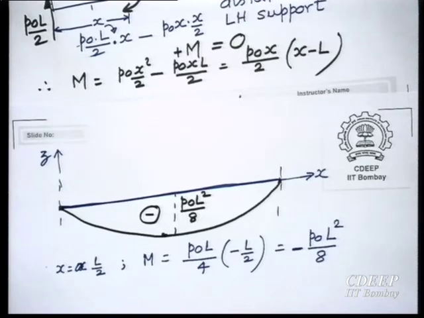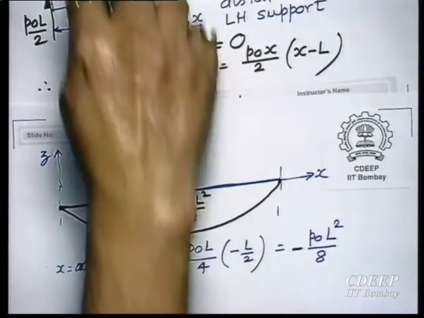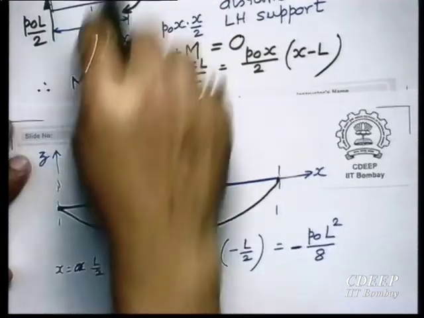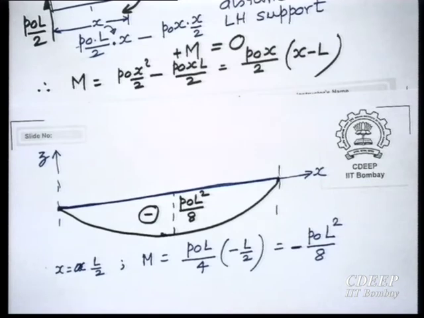Why should it be negative variation? That means whatever moment we have drawn at this cross section, the moment direction is opposite of that. Why should it happen? Can somebody explain? This direction is not right.